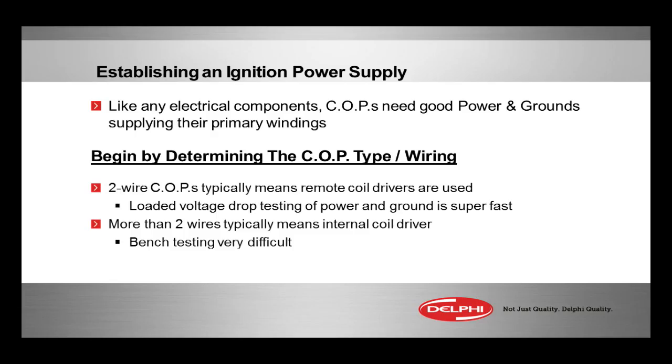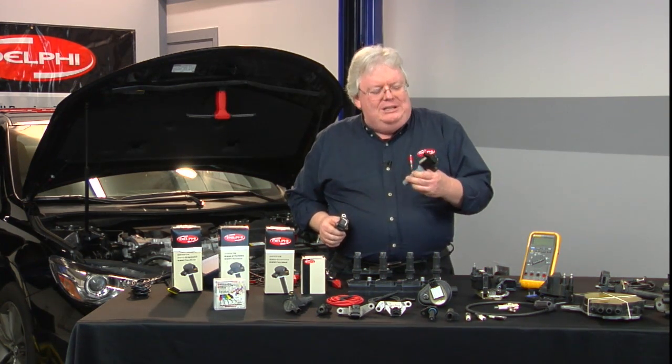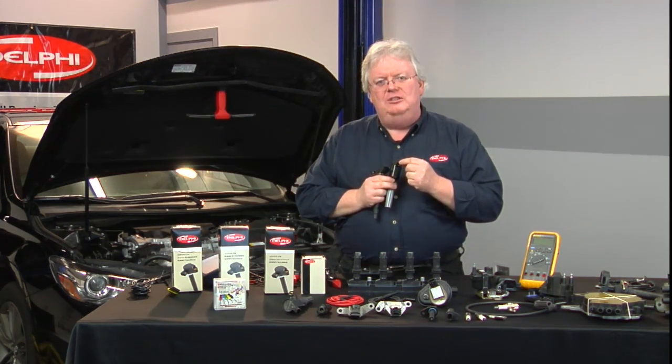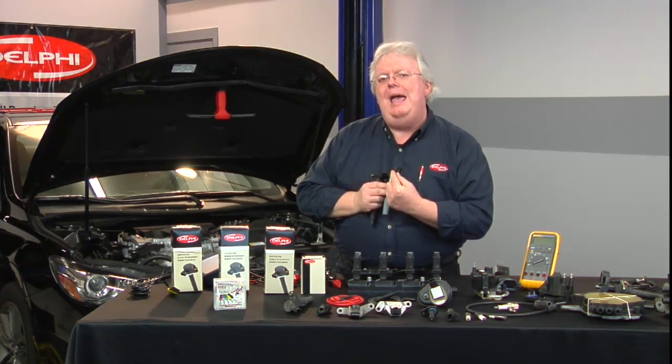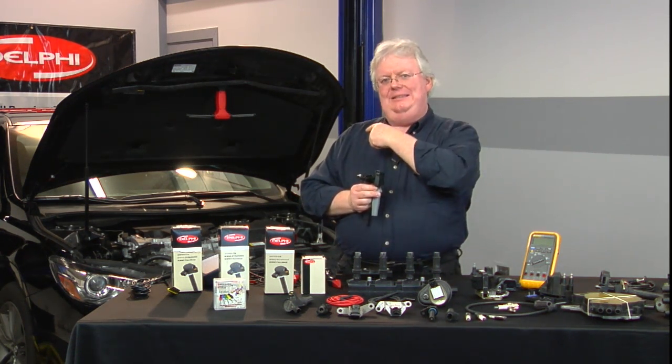Now, every cylinder, in order to not misfire, has to have good power to the coil. So voltage drop testing, make sure you're comfortable with that, you're doing it correctly, whether it be a simple 2-wire Ford or Dodge coil-on-plug, where we have power from the ignition fuse and a ground supplied by a coil driver, a high current coil driver in the PCM.